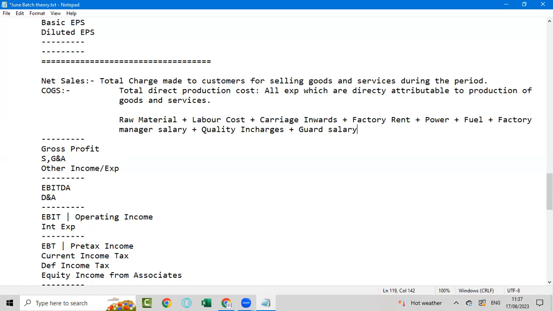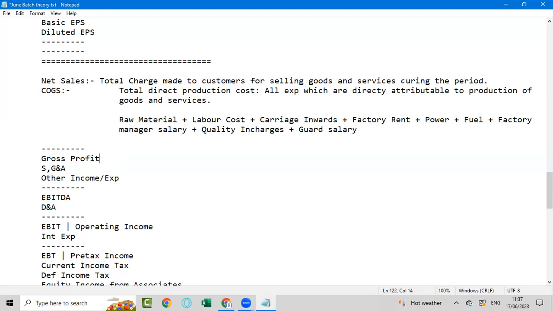Right? Next, gross profit, and then we have selling, general and admin expenses. Here you will write indirect expenses, like salary, office rent, advertisement, repair and maintenance, insurance. Now insurance can come here also.